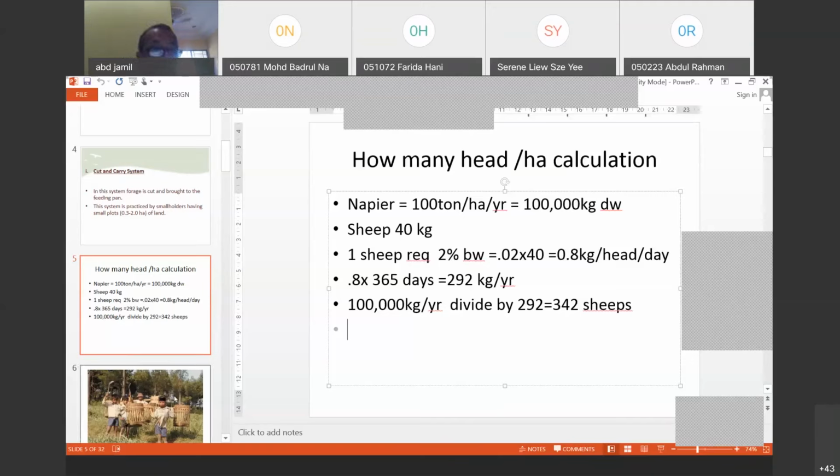So when you keep cattle or sheep or goat, you must be able to calculate your return on investment, how much you are going to save, or how much profit you are going to make just by changing the amount of feed given daily to your animal.